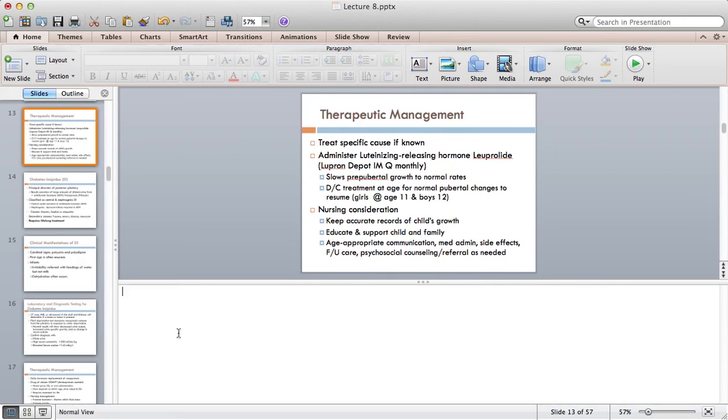In fact, this child may, or most often will, be referred to a social worker for counseling.